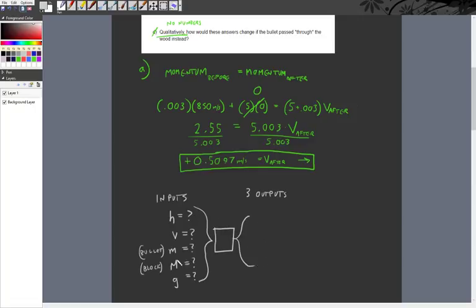So if it took in these variables, our equations would give us V after for part A. It would give us the change of kinetic energy for part B, and it would give us delta X for part C. Okay? So we have the inputs and the outputs, and what we're writing is actually what goes in here.